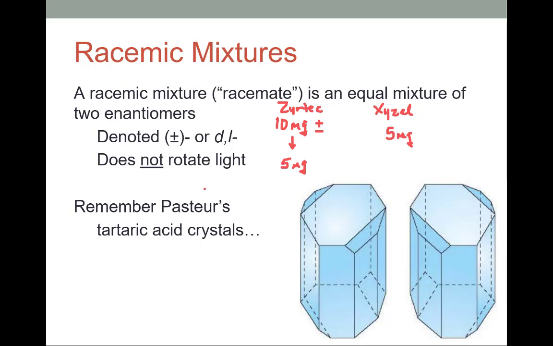You could look up thalidomide if you wanted to; there's a feature on it in our textbook as well. In that particular case, we found that our body can interconvert the two, and so there is no safe way to take thalidomide, particularly in the case of pregnancy, which is where it was a problem in the first place.